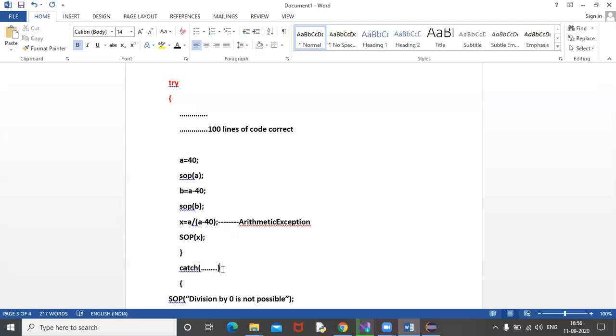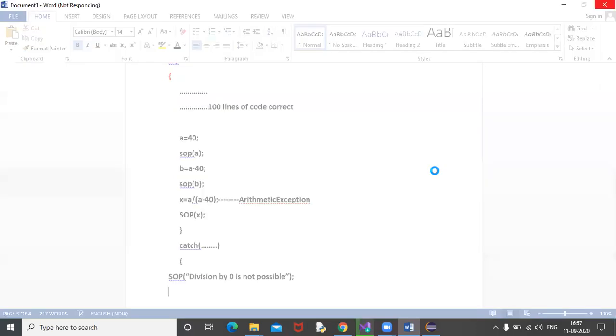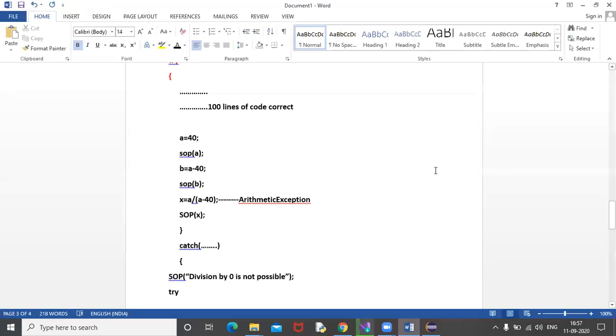So what is a try block? Now we will see what a try block is. All in small letters only. It is a keyword. Where is my cursor? It is not responding. Just a second. Yes, try.